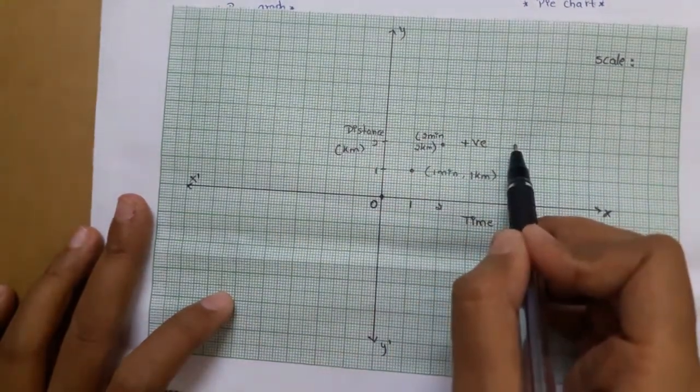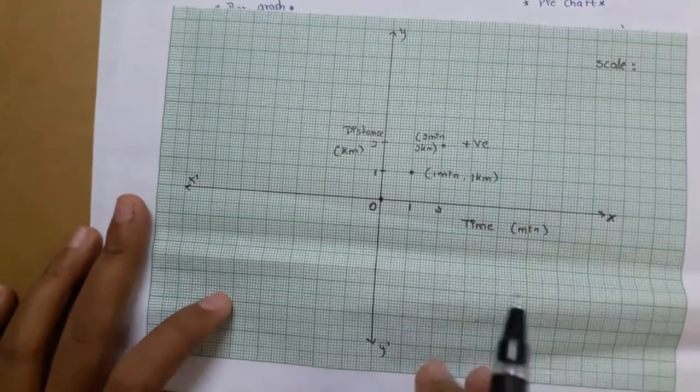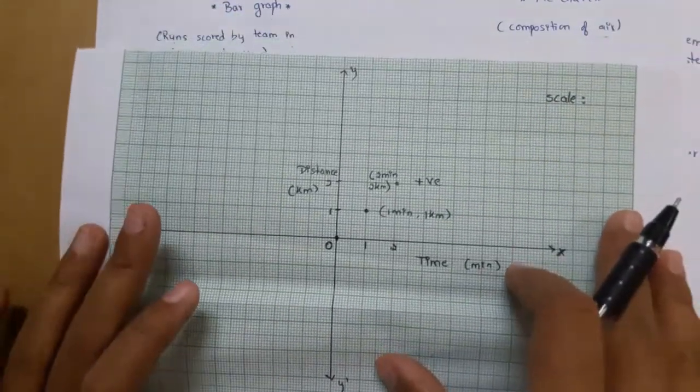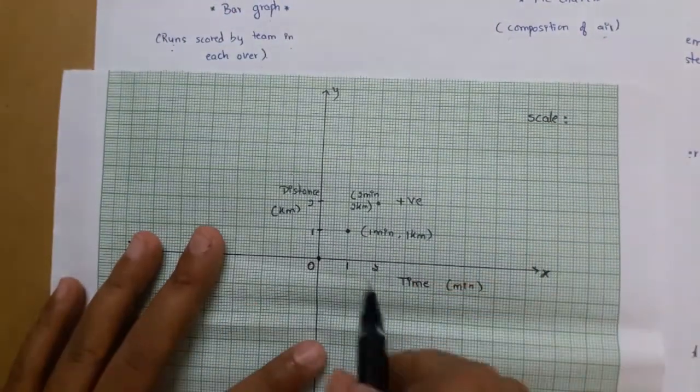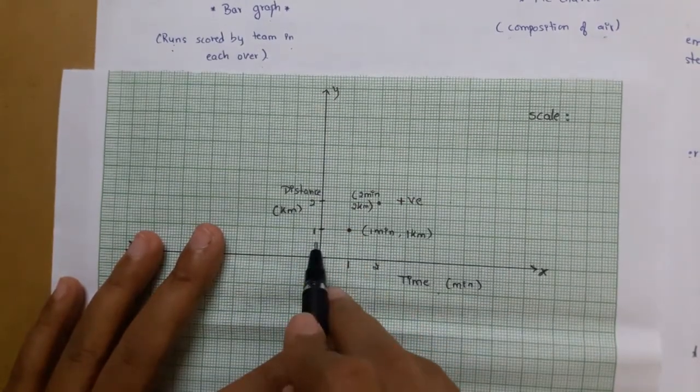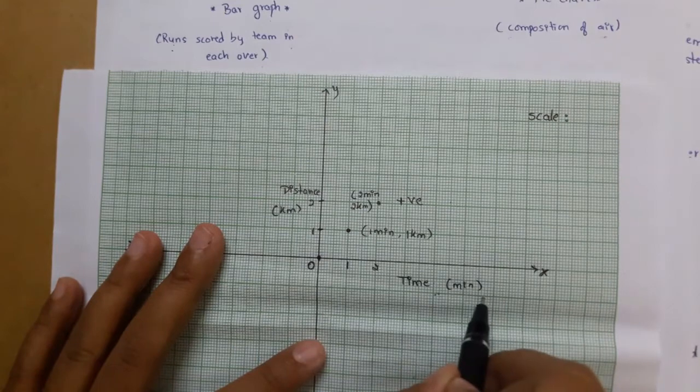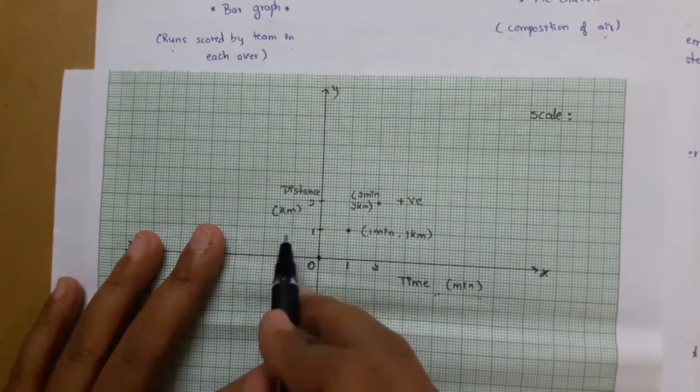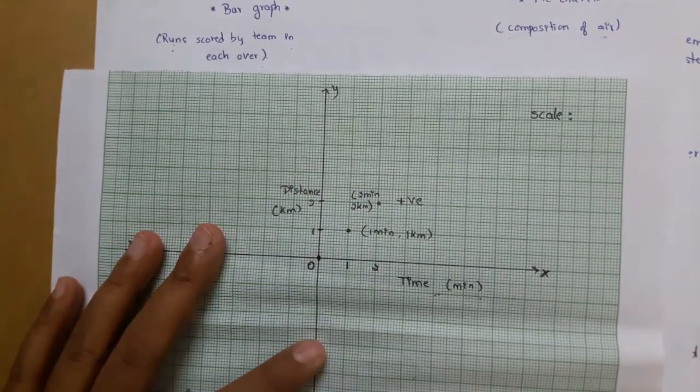The first quadrant is always taken as positive. Now for an example, let's draw a graph. We will take time on the x-axis and distance on the y-axis. Time we will take in terms of minutes and distance in terms of kilometers, and let's mark.